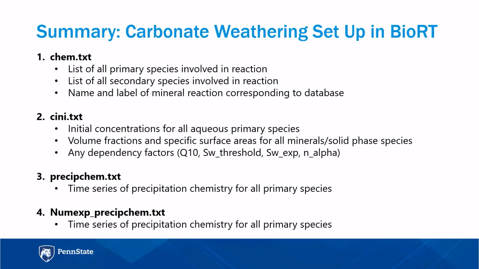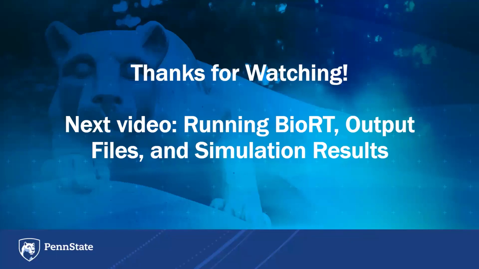We then have the initial condition file, where we specify the initial concentrations for aqueous primary species, the volume fractions, specific surface areas for all of our mineral or solid species, and any dependency factors. And then lastly, we have the precipitation chemistry files, where we have time series of precipitation chemistry for all of our primary species. Right, and so that's it for this video.